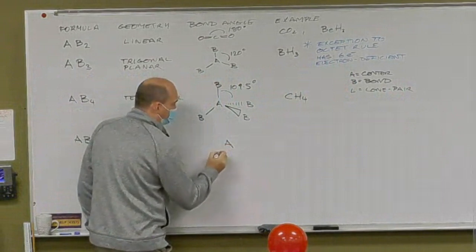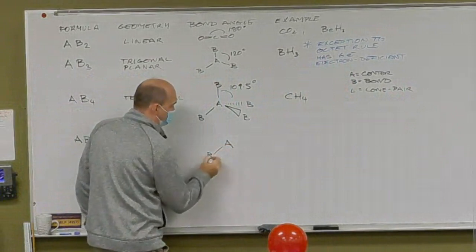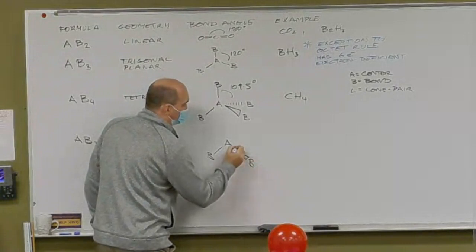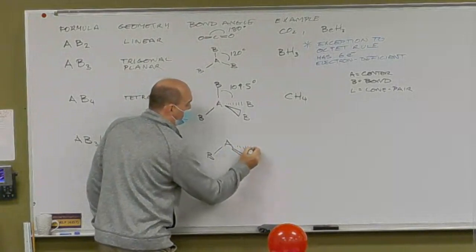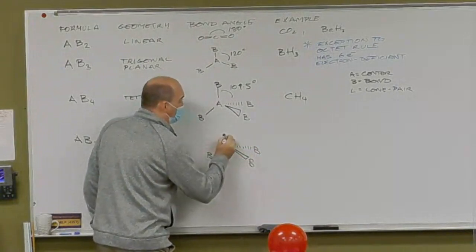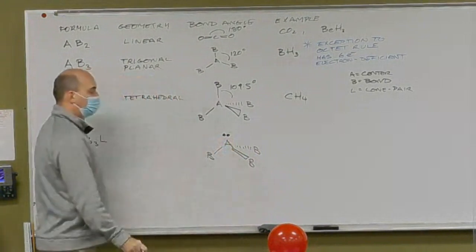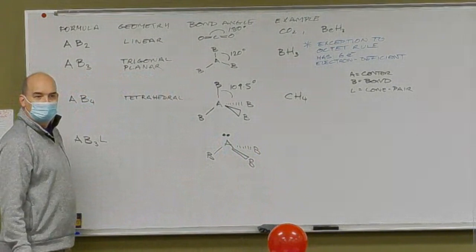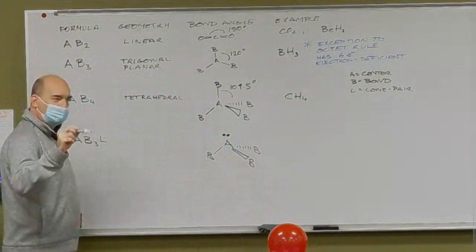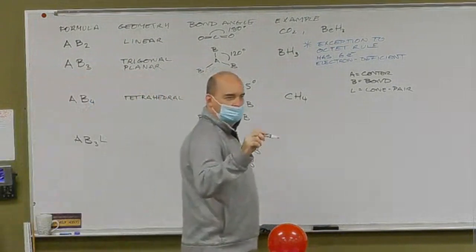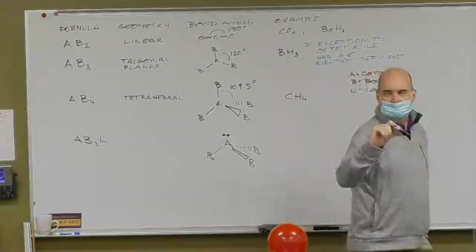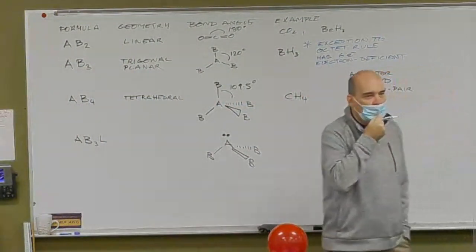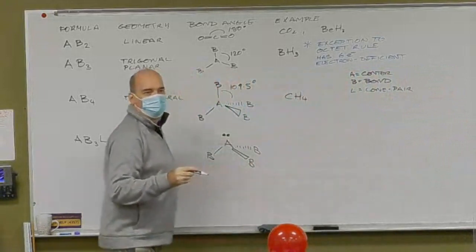So my central atom is still there. I still have these bonds around it, but then I have a lone pair of electrons on the top. Now, a pair of dots on a page with scribbly student scrawl all over it can sometimes go unnoticed.